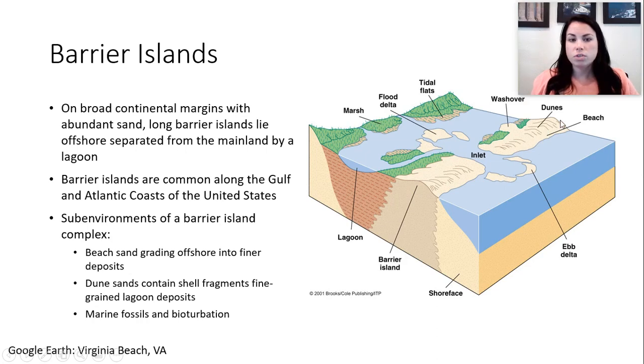So here on the dunes, you would see things like shell fragments. And then, of course, in the marine sediment, we would see some possible fossils and bioturbation. So there's a lot of different environments that are composed of a barrier island in itself. So let's go look at Virginia Beach.